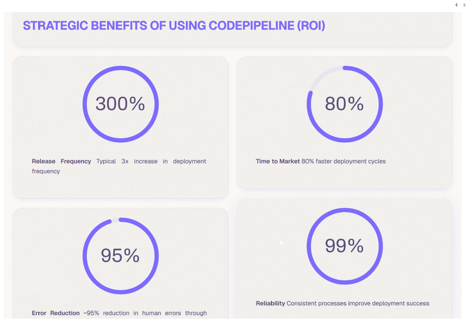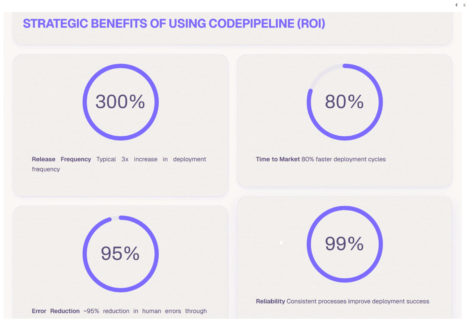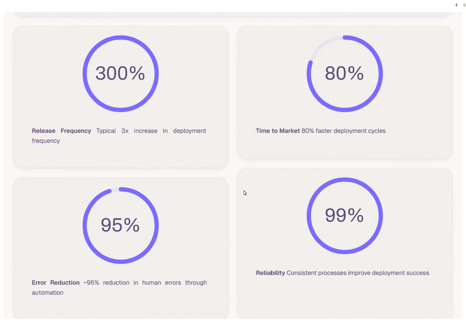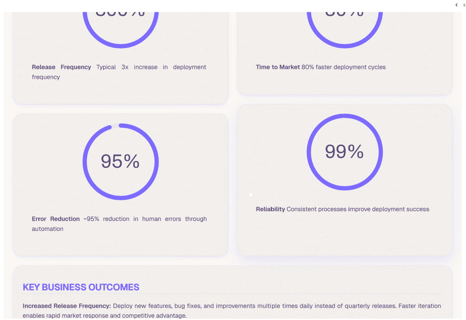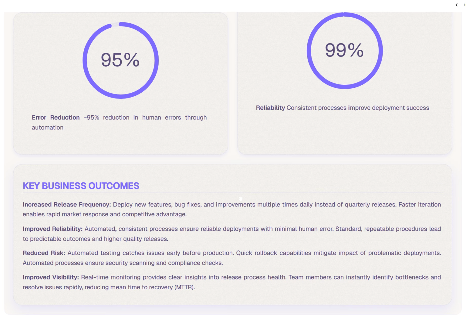The strategic benefits of using CodePipeline, right? Release frequency is a threefold increase in deployment frequency. Time to market is 80% faster. Error reduction is 95%, and reliability is 99%. Key business outcomes of increased release frequency: bug fixing, right?